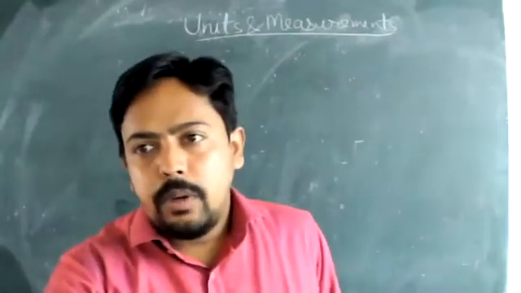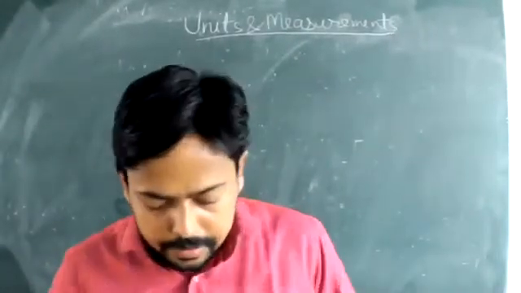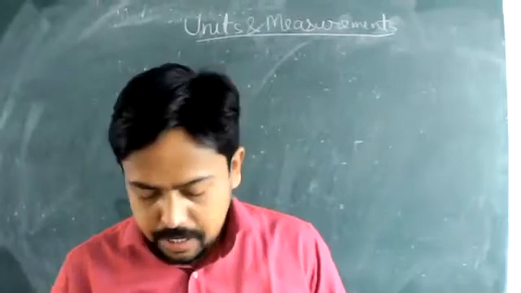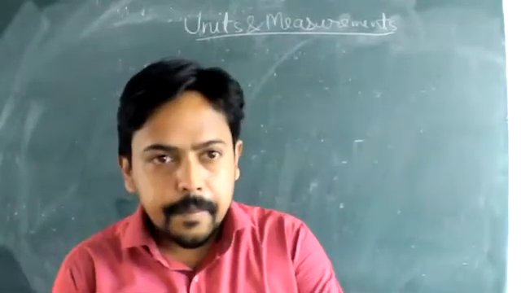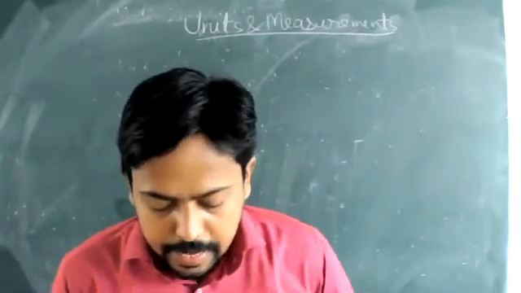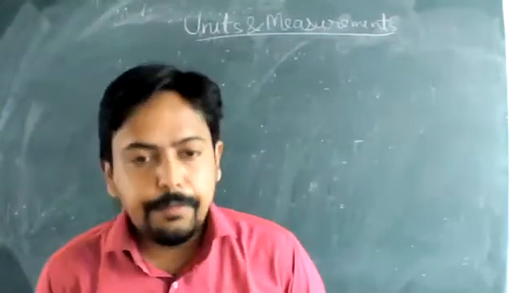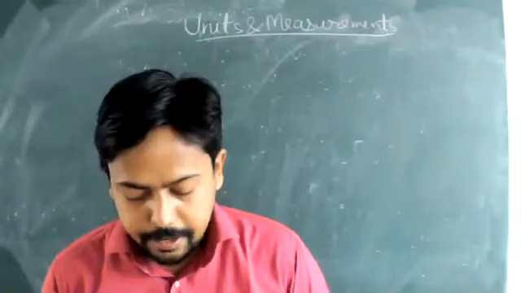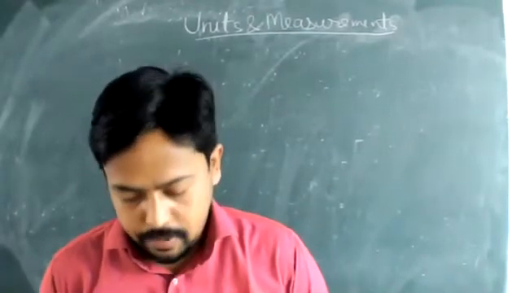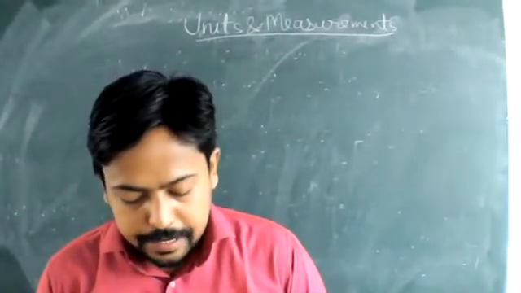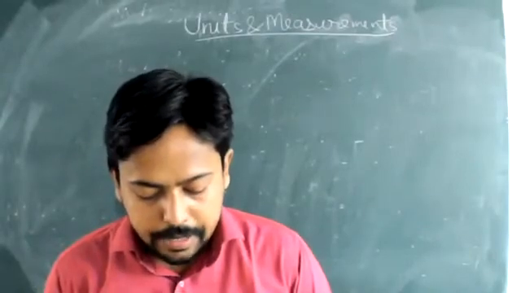The percentage errors of the measurements of A, B, C and D are 1%, 3%, 4% and 2% respectively. Find the percentage error in the quantity P.